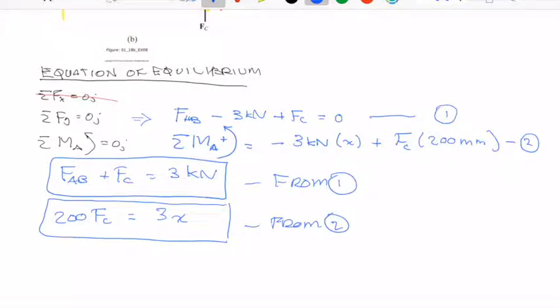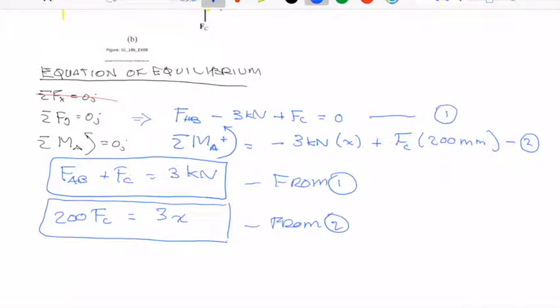I'm just simplifying the equations so they look better. So now what I can see is we have a relationship between FAB and FC, and also a relationship between FC and the distance x.